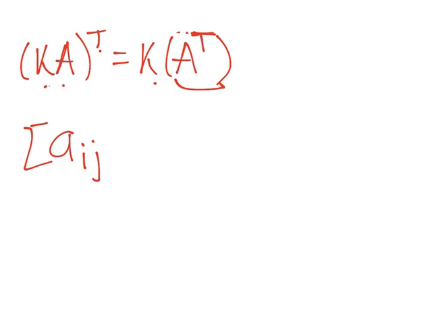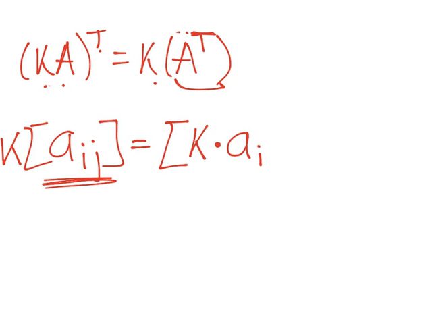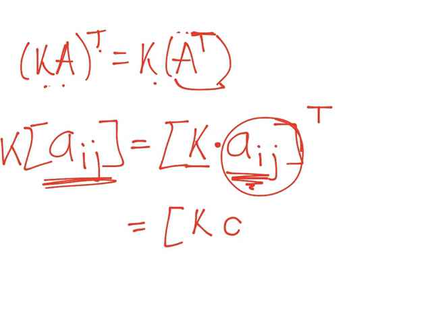If we represent the matrix A with this term right here, which I explained what it means in one of the previous videos, so I won't do it again, and we multiply this times K, we know that multiplying times a scalar just multiplies each one of the entries times that scalar, and this will be represented as K times AIJ, because every entry, and this represents every entry, is just multiplied times K. And now if we were to get the transpose of this, we would get K times AJI, because actually you don't have a transpose of a number, it's just the number.